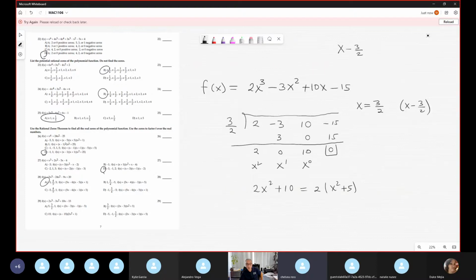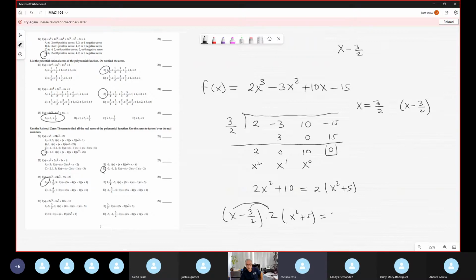And these two, why not? Well, you write the factorization. You write x minus 3 half, the extra 2 is this, and x squared plus 5. So these two is super fantastic. Put it inside, so you distribute it here.